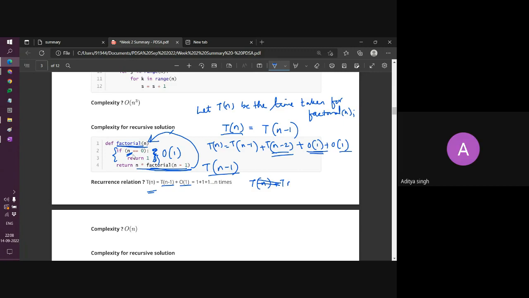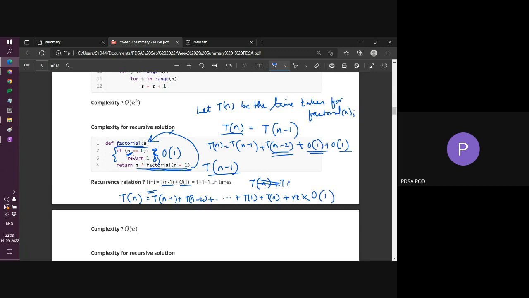Yes, ma'am. I'll write again. So maybe T of n equal to T of n minus 1 plus T of n minus 2 plus etc. plus T of 1 plus T of 0 plus n into O of 1.